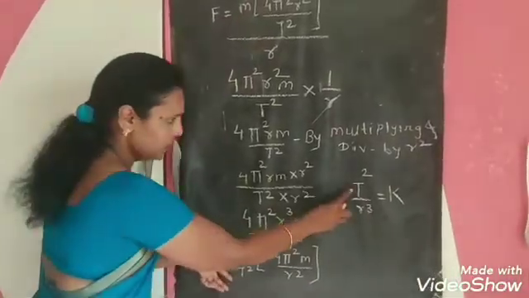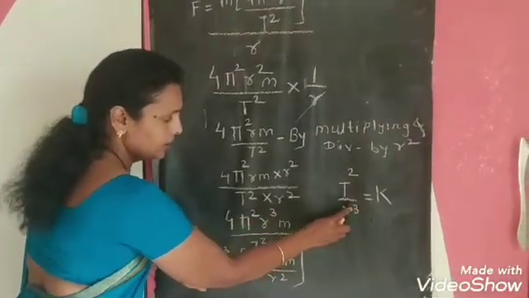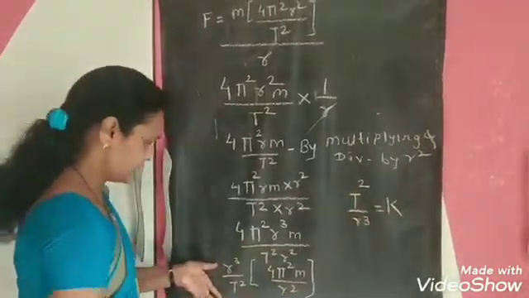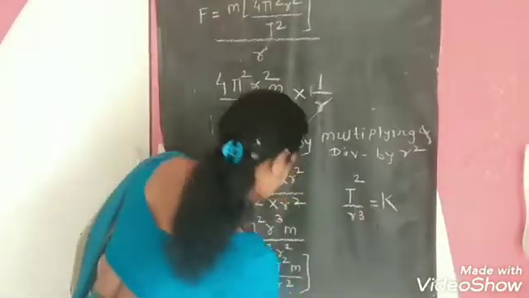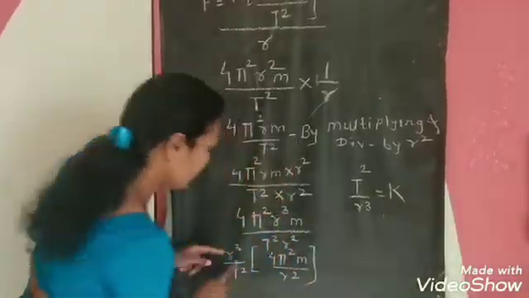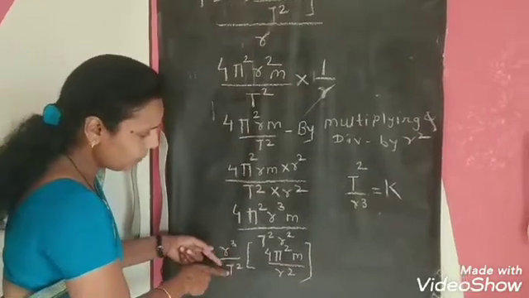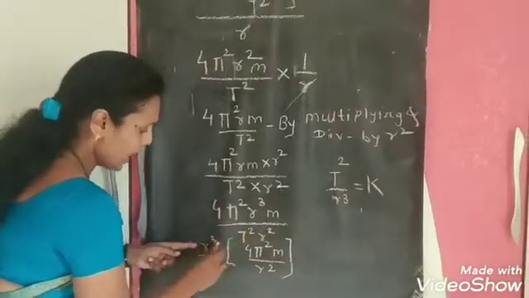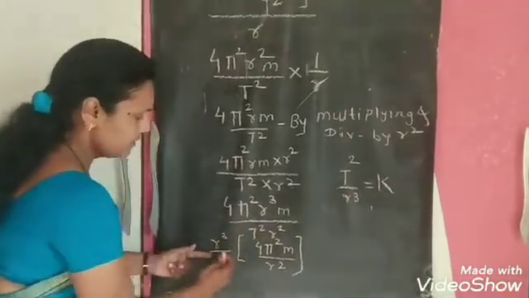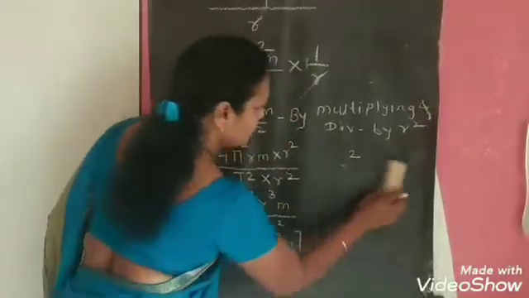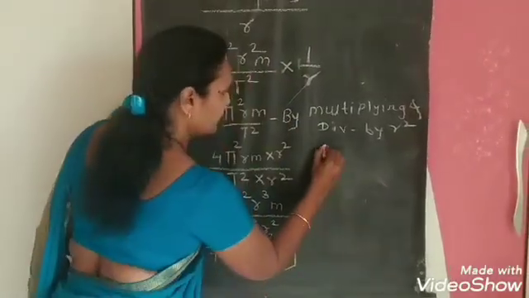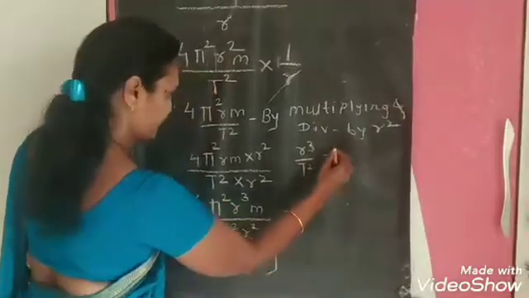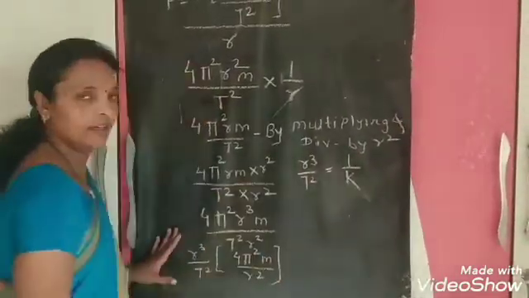According to Kepler's law, t square upon r cube is equal to k, means it is a constant. Now how will we write then? Here is r cube upon t square, exactly opposite to k. So r cube upon t square is equal to 1 upon k.